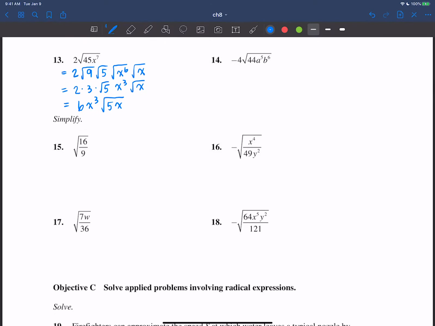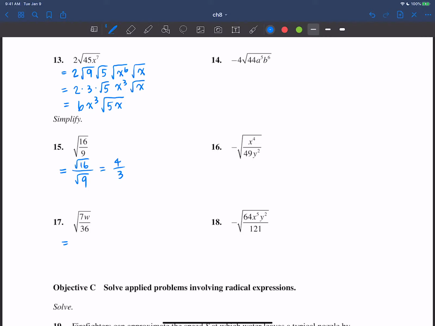Number 15. Square root of 16 over 9. We will distribute the radical sign to the top and the bottom. We will have radical 16 over radical 9. Both of these two numbers are perfect squares. Radical 16 is 4, radical 9 is 3. And 4 over 3 is our final answer. Number 17.